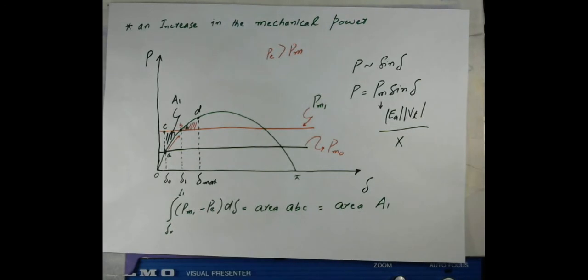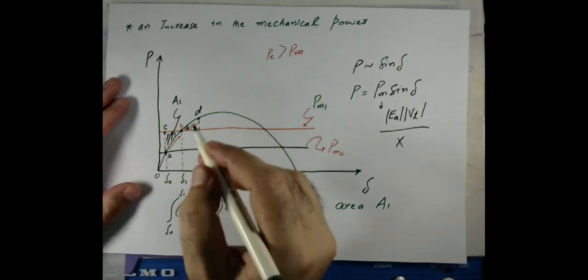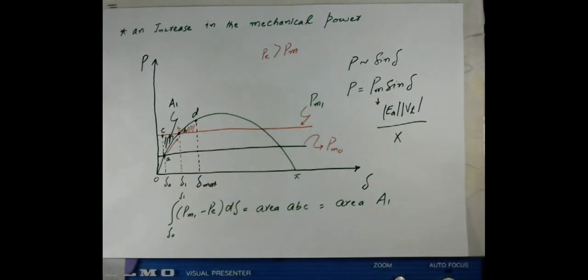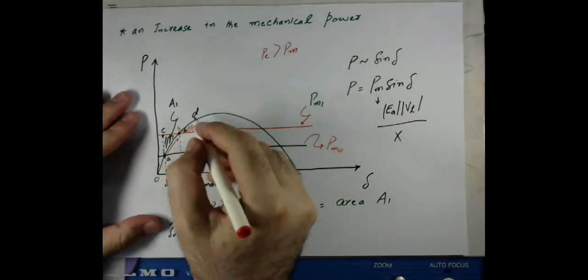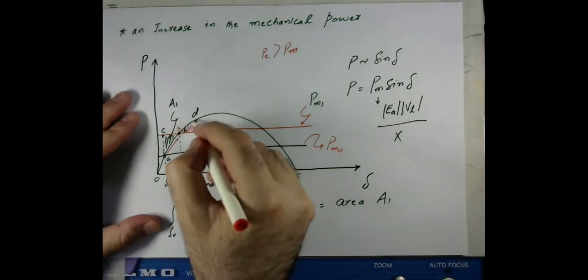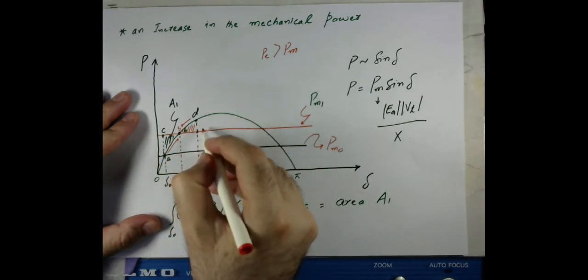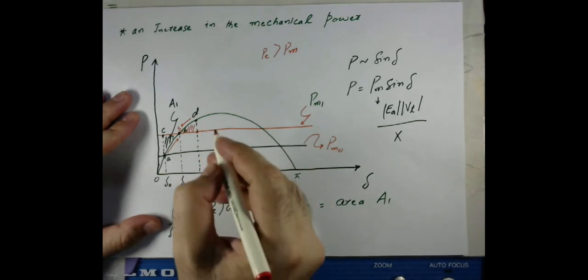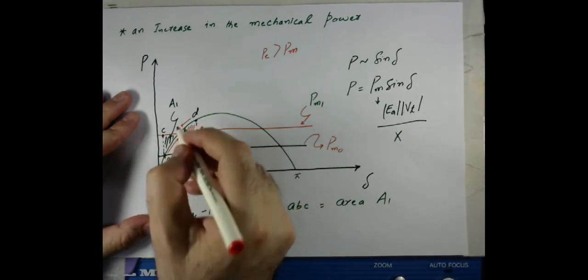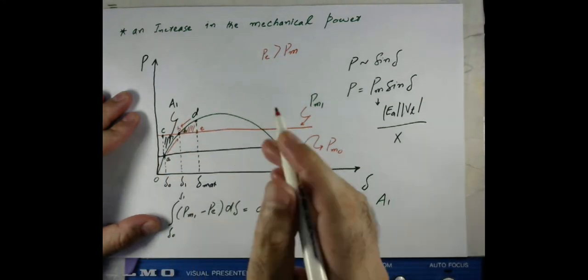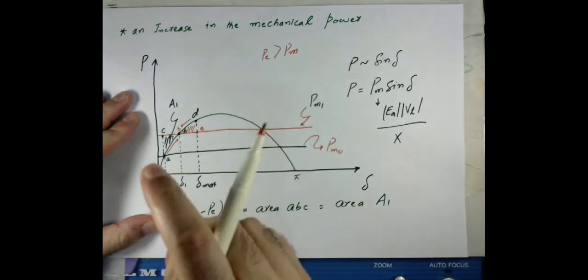So what will happen? The machine will now move from this point. Let me take another color. The machine will again move to this point, which we call point E. As I discussed, at this point the speed of the machine is synchronous, but the electrical power is still more than the mechanical power, which means it will still retard.